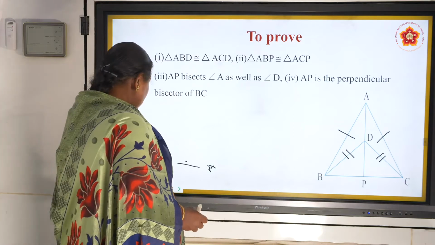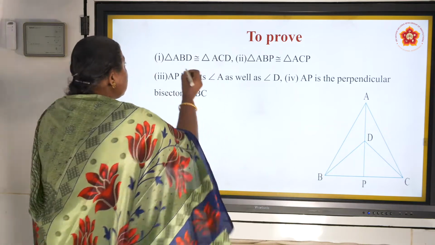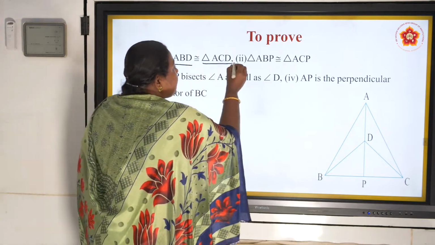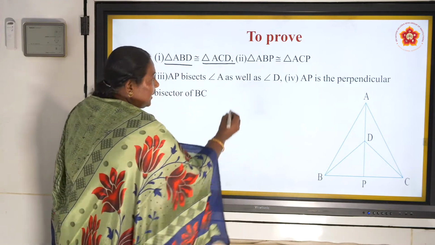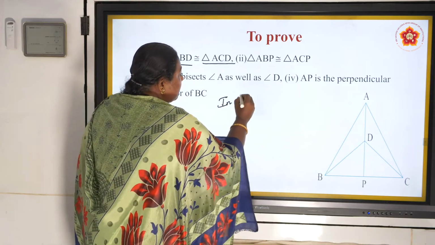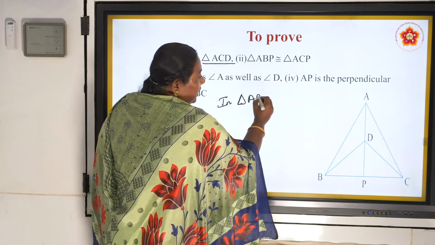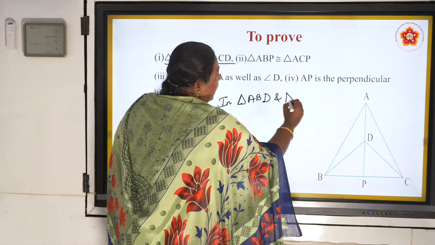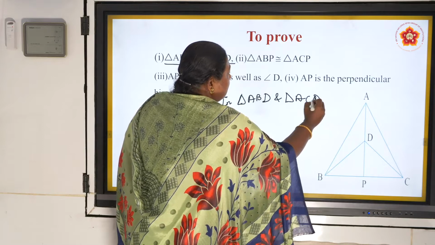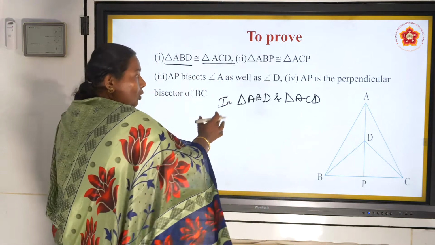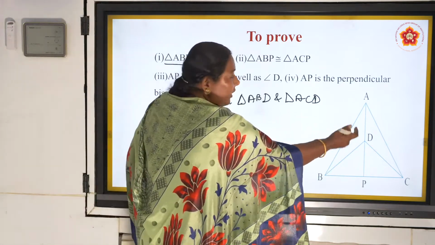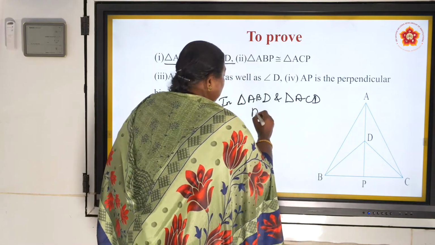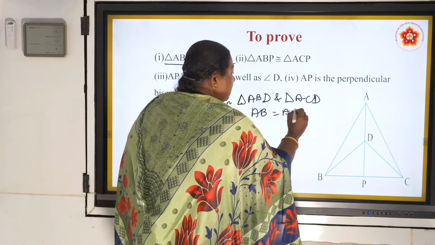Now I am going to take the triangles ABD and ACD. In triangle ABD and triangle ACD, I don't even have to look here. Just by looking at the figure itself I can tell AB is equal to AC.